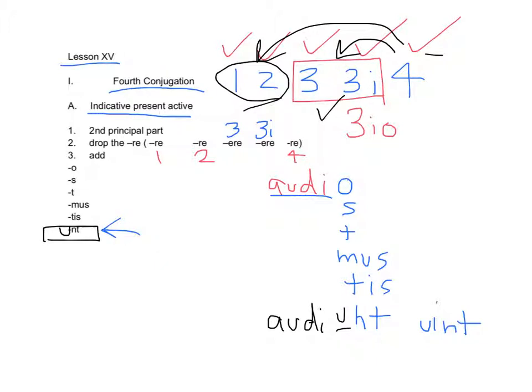You're usually going to see IUNT, as you do in this example. So you have the regular O, S, T, MUS, TIS, UNT. It's a simple process if you've followed so far with the first, second, third, and third I conjugation. Drop the RE, add the endings, one exception, UNT for the third person plural.